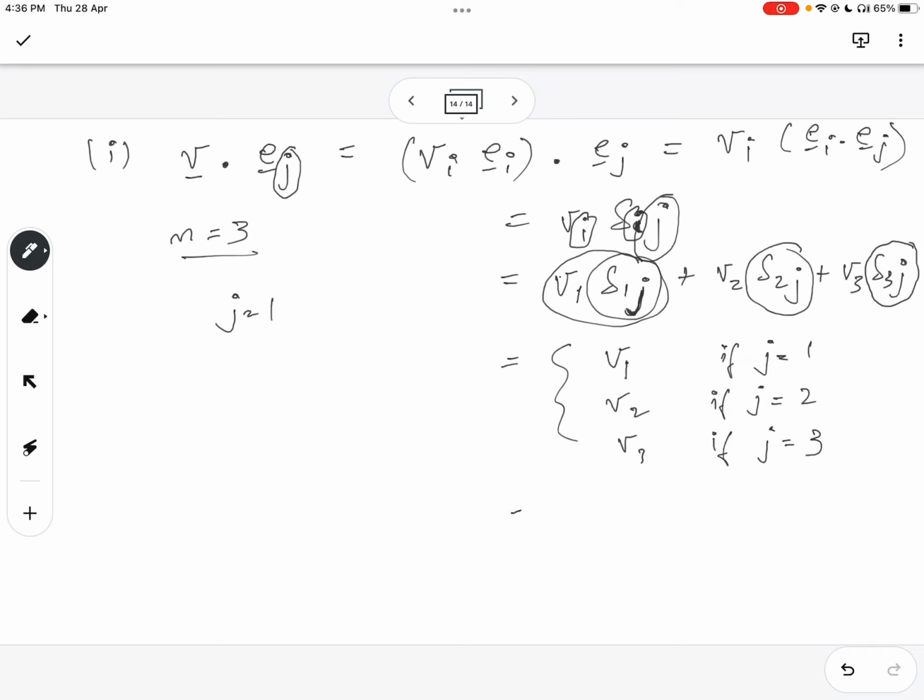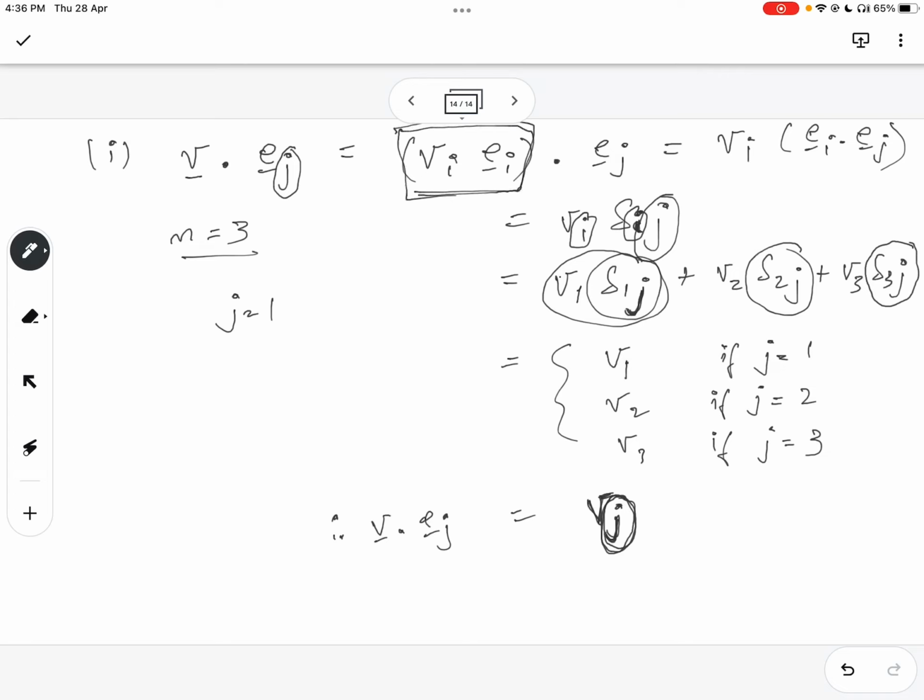That means that V dot EJ is VJ. Note that here there is no sum. It's just one quantity because it exists as a free index on the right hand side. If there had been some dummy index, then we assume that it is a sum.